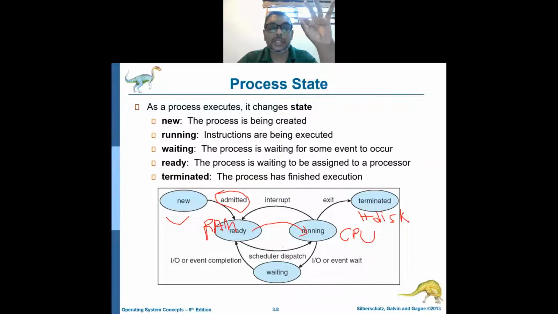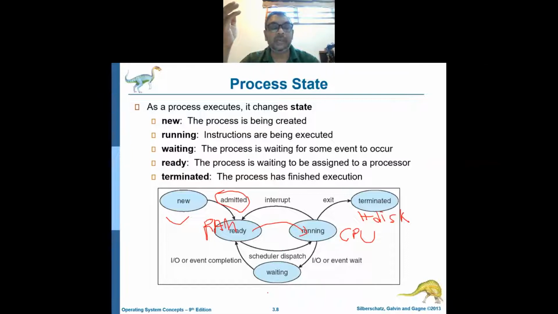The process can also go from your CPU into waiting. For example, let's say you are printing. Printing is a process. However, the printer is running out of paper, so it goes into the waiting state.